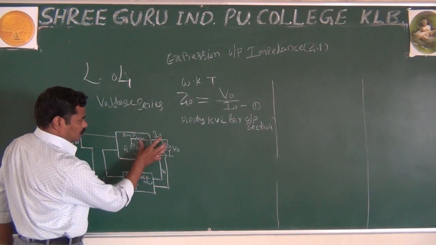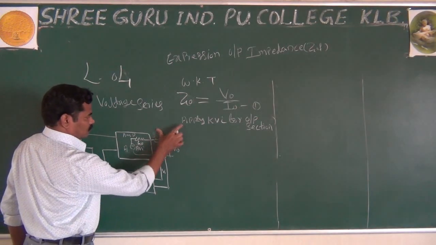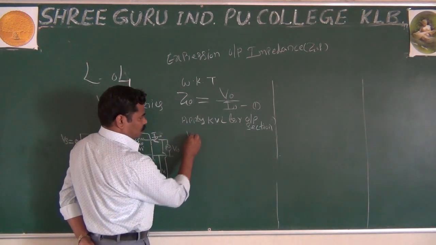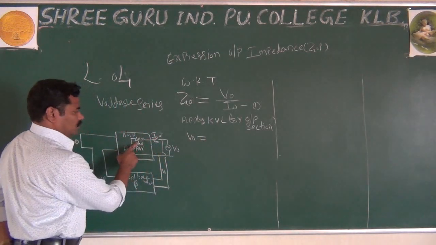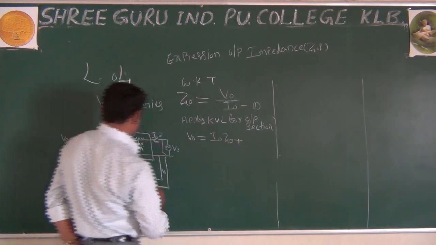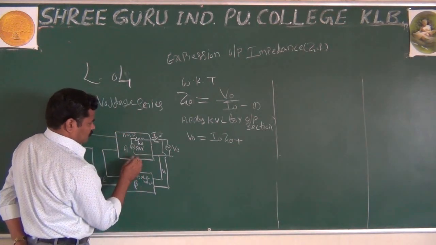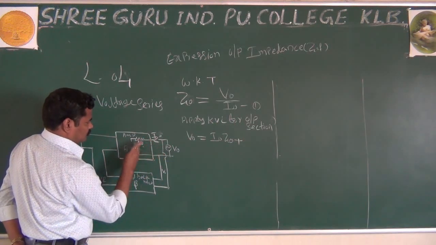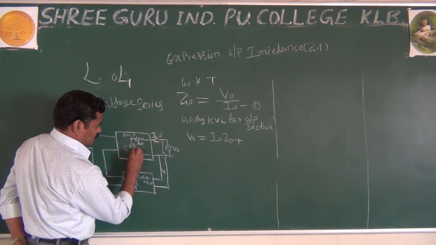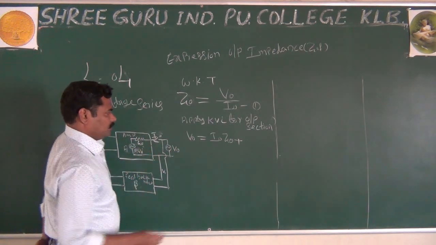We can write Vo equal to Io into Zo plus A Vi.